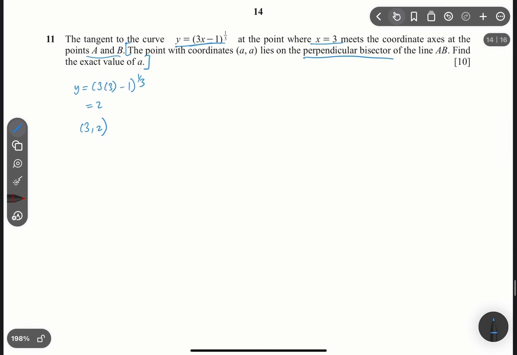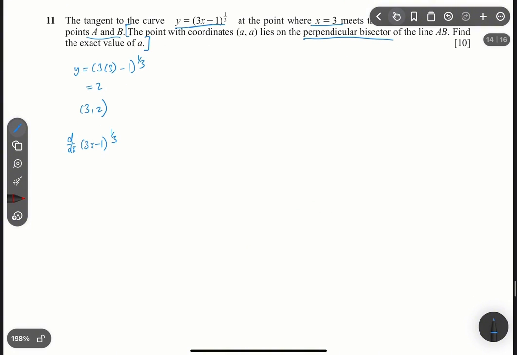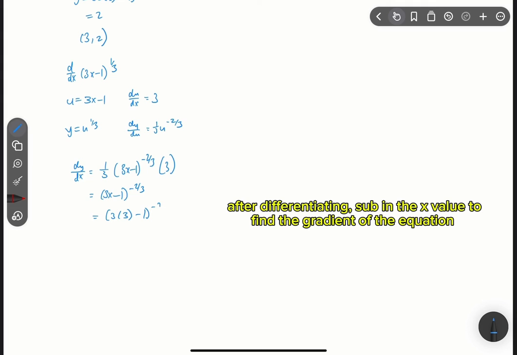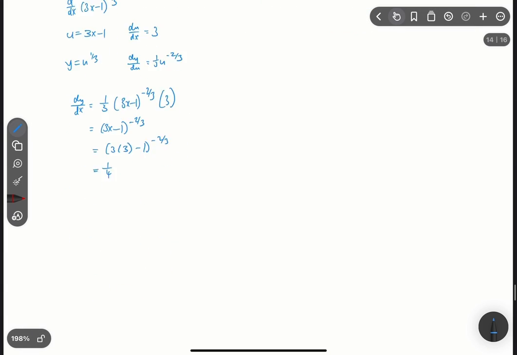And to get the tangent, you can differentiate the equation. Okay, so this is the gradient for the tangent.